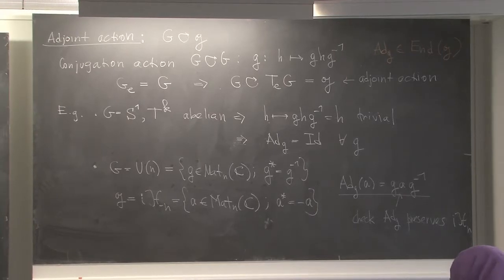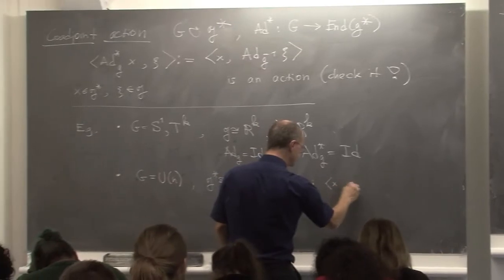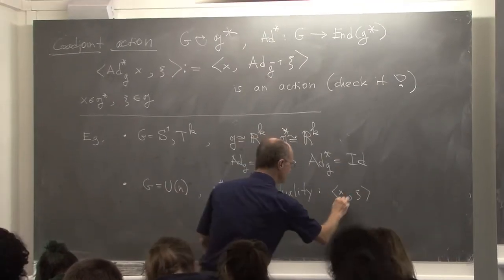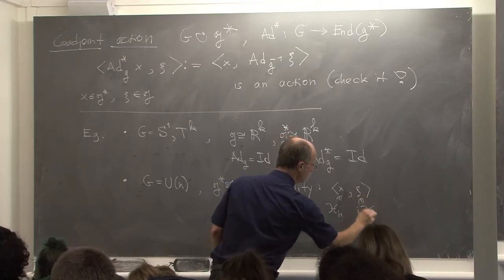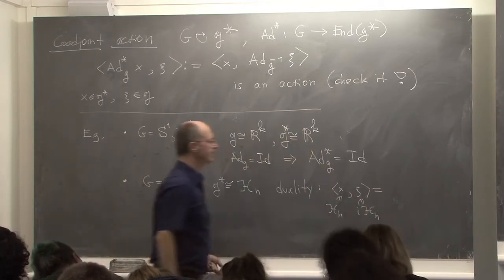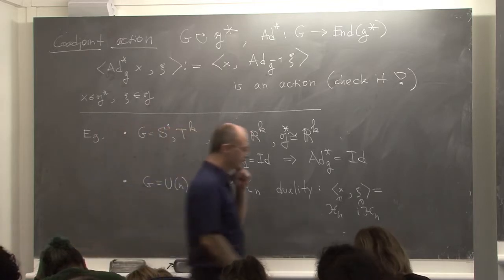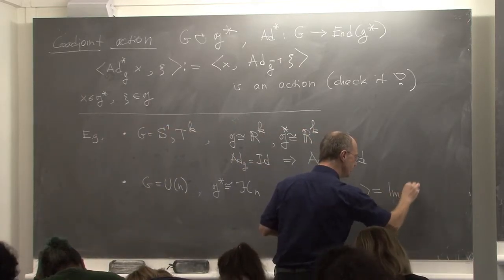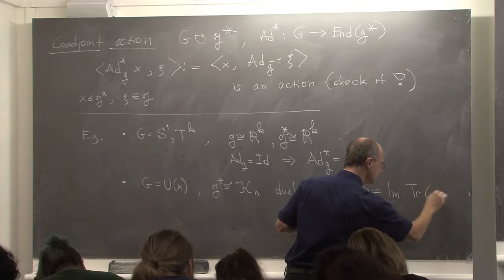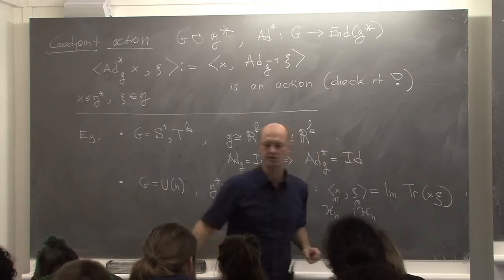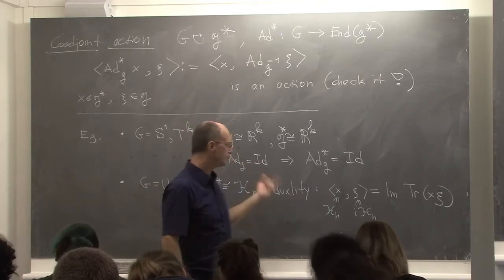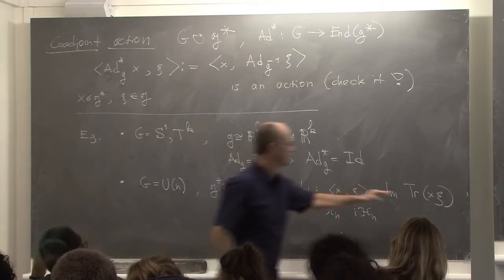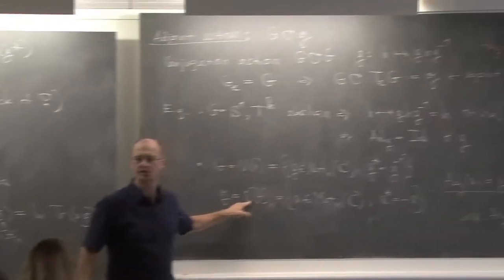And I choose the following funny duality. So let's say X, psi. So this will be an element of Hn, and this will be an element of iHn. And I declare the pairing of X and psi to be the imaginary part of the trace X psi. You know, the imaginary part will kill this i.